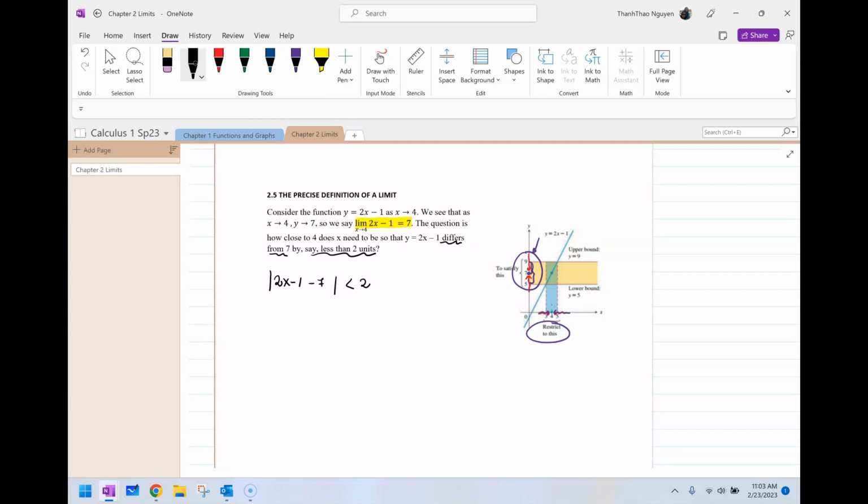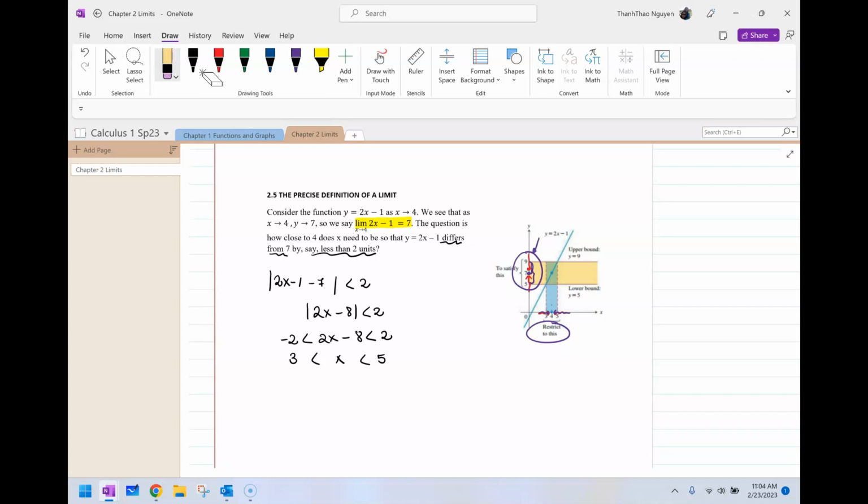We can solve this inequality to see the restricted value on the x-axis. So x would have to fall within the values 3 and 5, like we have here in our graph.